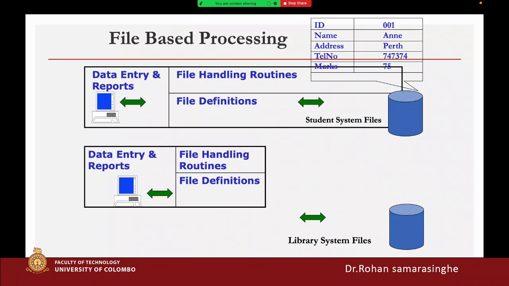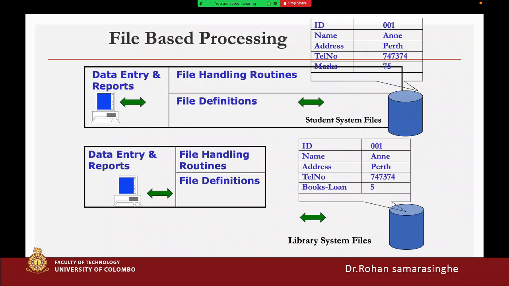In the student system file, here in this file, name, address, telephone number and book loan. This is the library at the university. The student system file and the library system file are the same: name and address also the same, telephone number also the same.